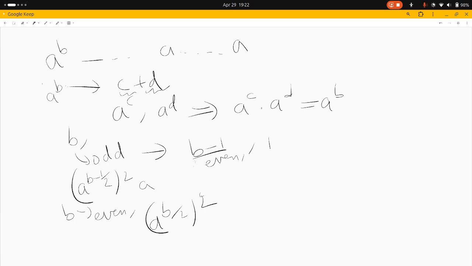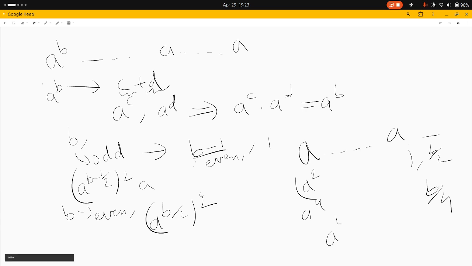Why I am writing this is key. Instead of directly computing a, b times, we can compute a square, b by 2 times. Similarly, a power 4, b by 4 times. By this approach, a power b would take nearly log b steps.